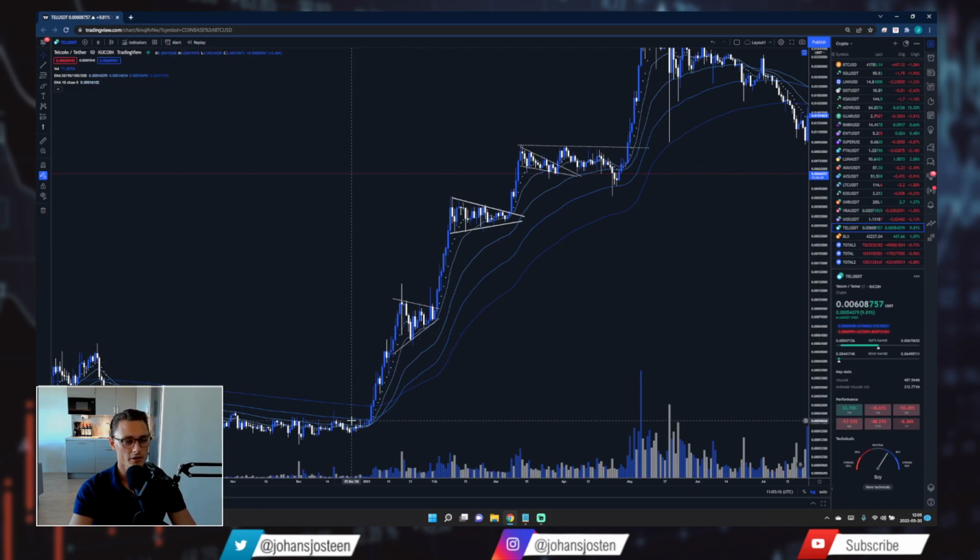So I caught this early just because it was on my watch list already. Here you can see the perfect consolidation. As soon as we break here, you see that volume comes in. It closes above very, very significantly on volume. I go long. Exactly the same here. You can see that it cruises the 20-day EMA also.